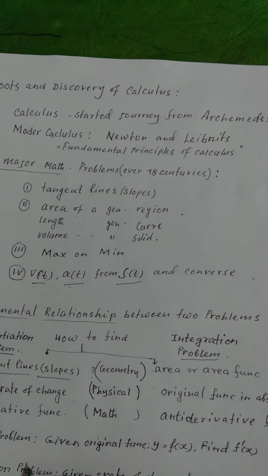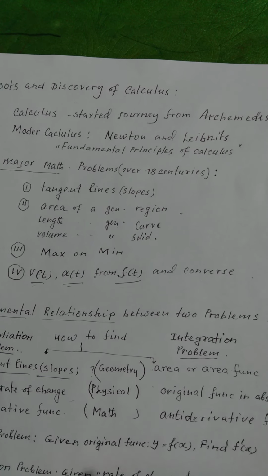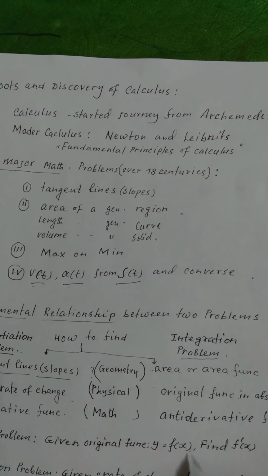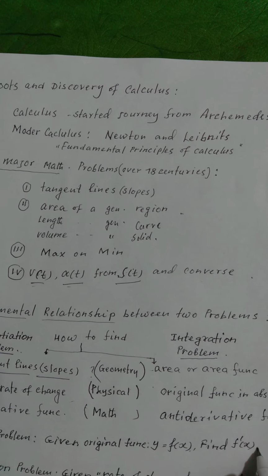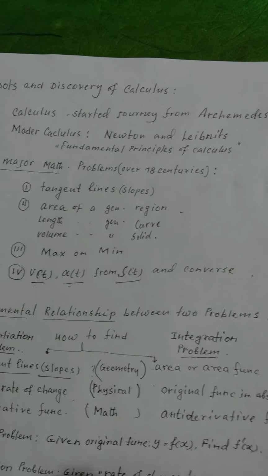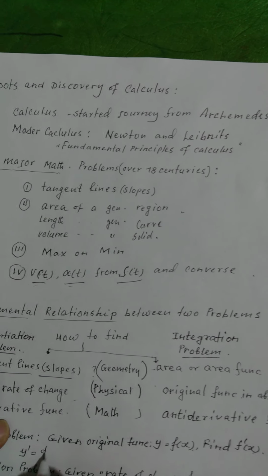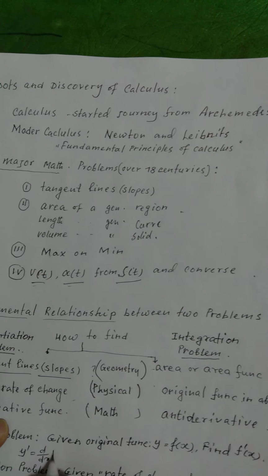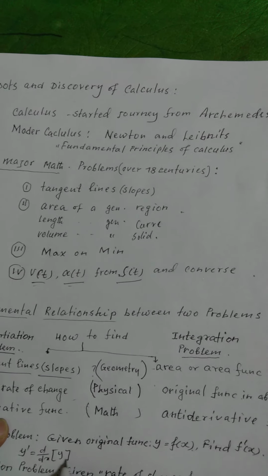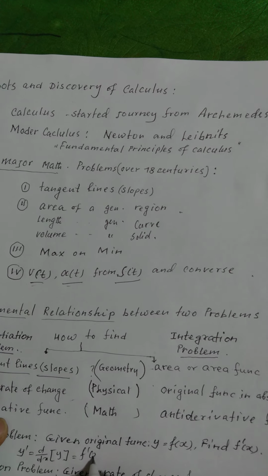What is the differentiation problem? When given y equal to some function f of x, find the rate of change function f prime of x. So what we do is take y prime, that is d by dx of y, which is f prime of x.